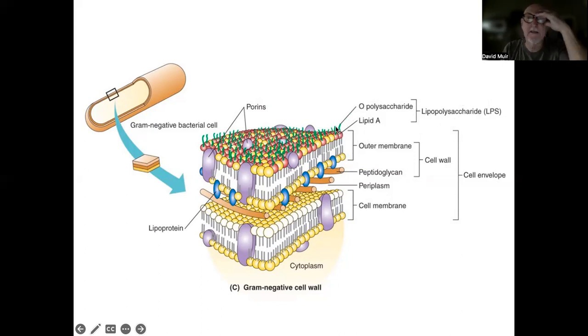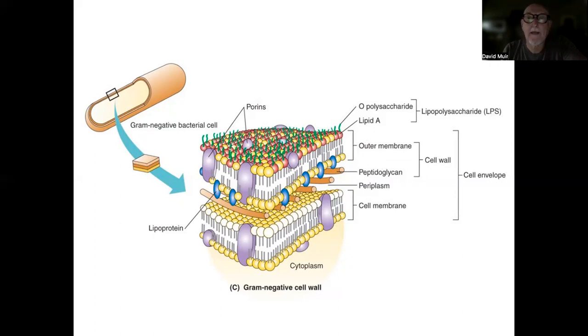And this is very significant clinically because this lipopolysaccharide excites a very, very powerful immune response in a host. And as a result, its liberation into the bloodstream can be absolutely catastrophic.